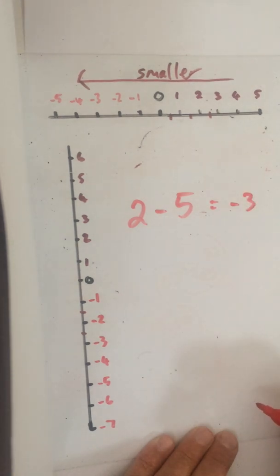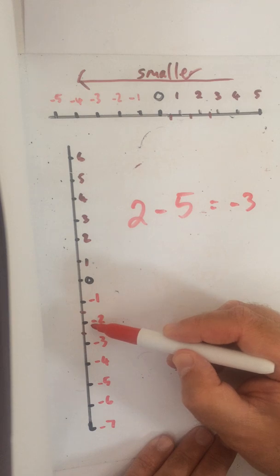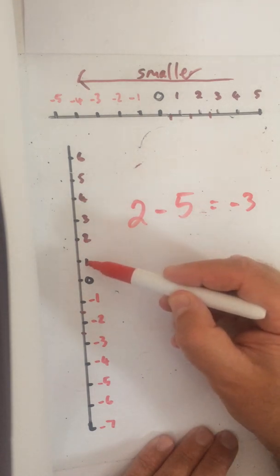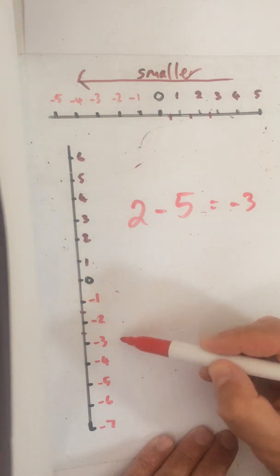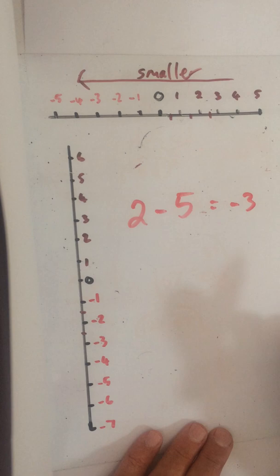And the same here, we're on 2 degrees, and we get colder by 1, 2, 3, 4, 5, minus 3. So use that number line to help you.